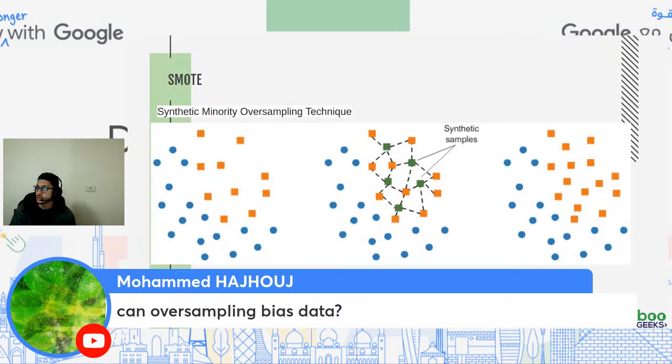I'm making the two classes equal to each other, but I'm just duplicating the values. So to be honest, it's not going to be very useful to the model. I'm not biasing it, but there is no additional feature for the model.